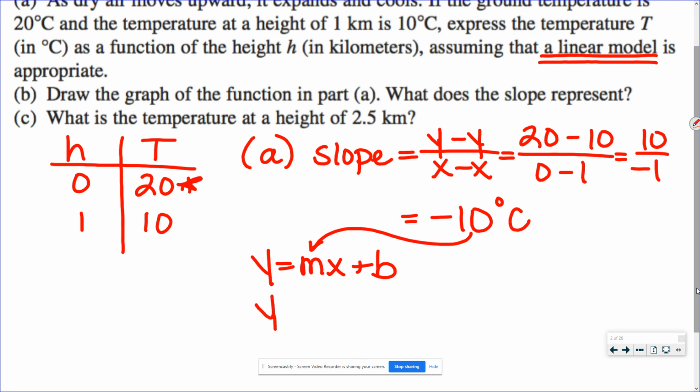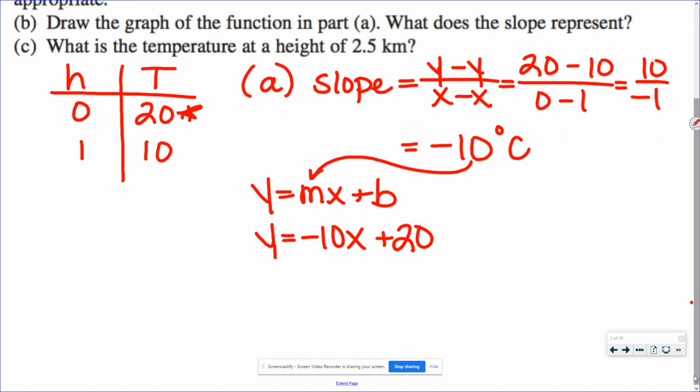So we're going to call this equation negative 10x plus 20. And actually, I'm going to stop and rewrite it in the correct variables. The temperature with respect to height is negative 10h plus 20, because we didn't have x's and y's, we had h and t.